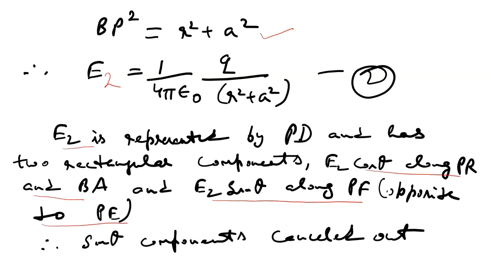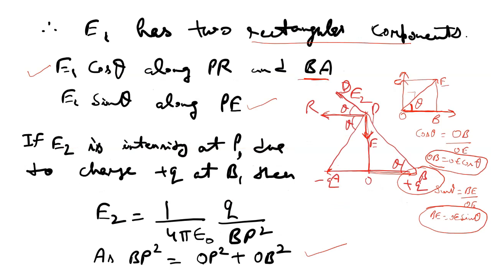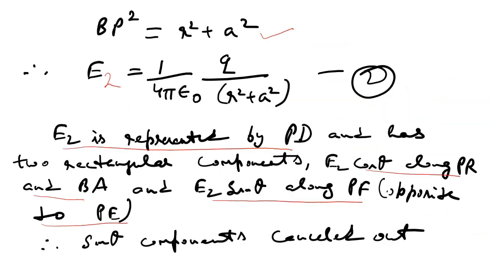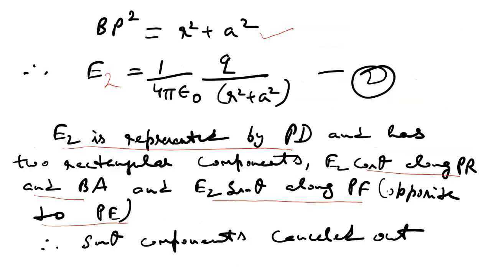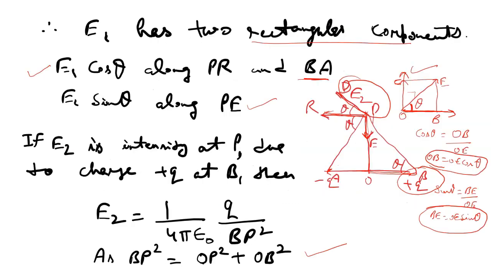Now E2 is represented by PD and has two rectangular components: E2 cos theta along PR and BA, and E2 sin theta along PF, which is opposite to PE.